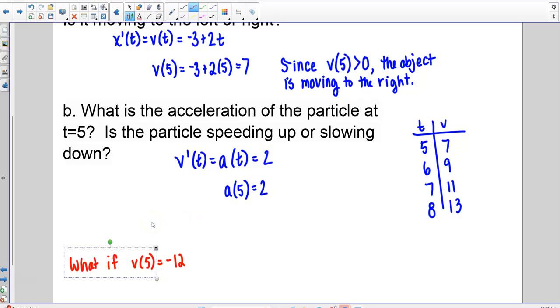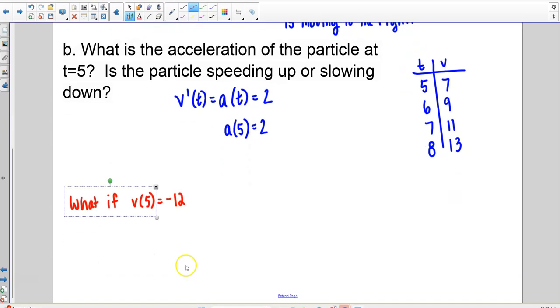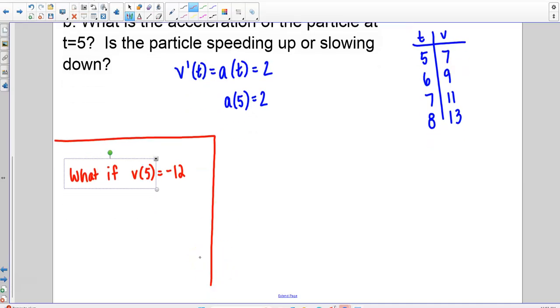Okay, so what if velocity was negative 12? Let's think about this scenario. This is just like a what-if scenario because it's not what's happening, right? But for us to make the assumption we're going to make on the next slide, we need to consider this.